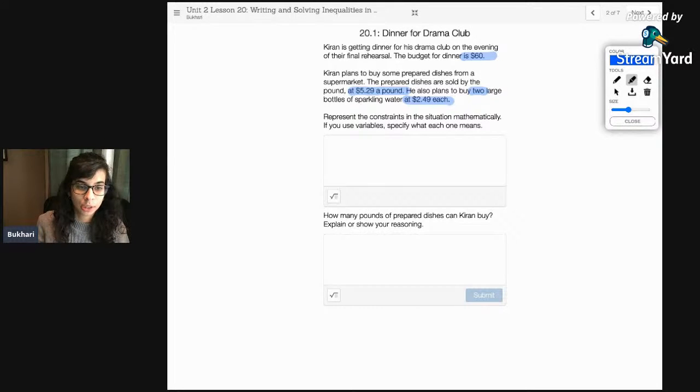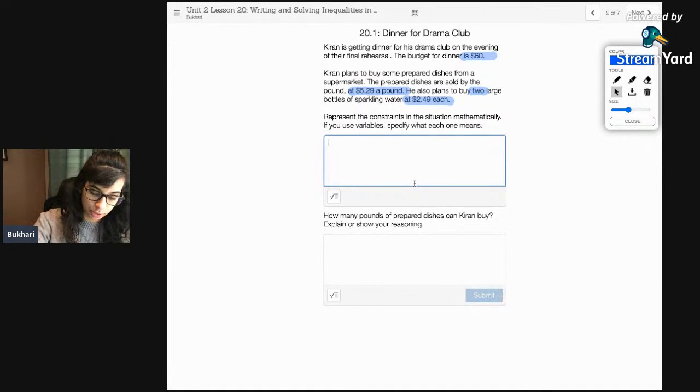And so when we're creating our inequality, think about it the same way we normally create our equations, right? So I know that this total amount is 60. He needs to spend at most $60 because he has no more budget to fulfill.